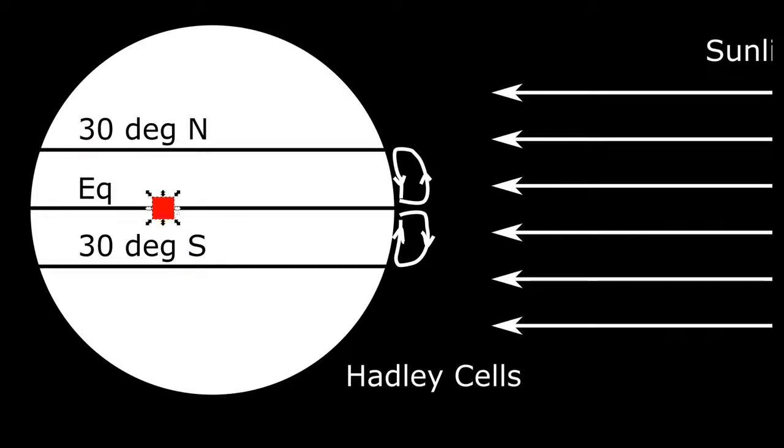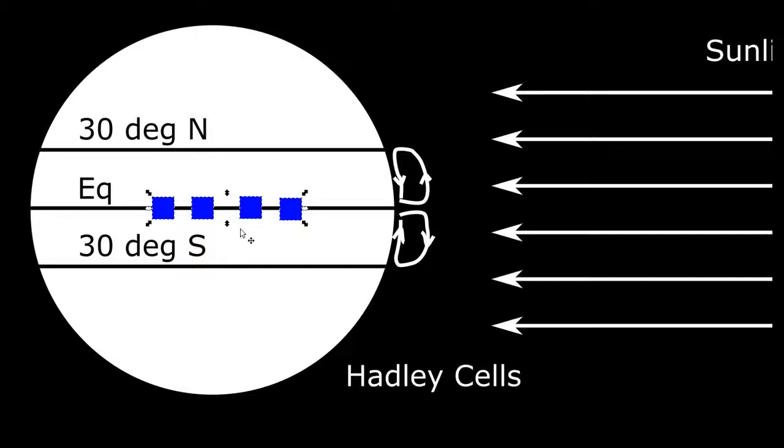So we need to keep in mind that at every point on the equator, because the air is warmer, we have hot air that's less dense than the surrounding air, and it's going to rise. So in this case, it'll come out of the screen towards you, and as it does, it will cool, and the cooling air will cause the moisture and water vapor inside of it to condense and fall as rain.